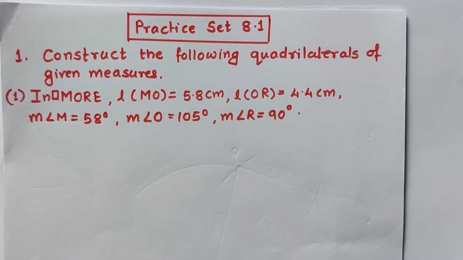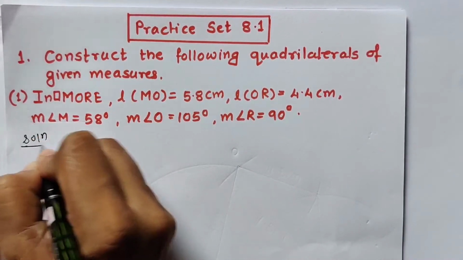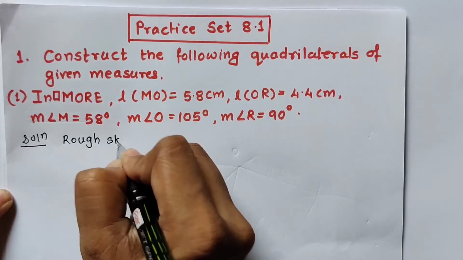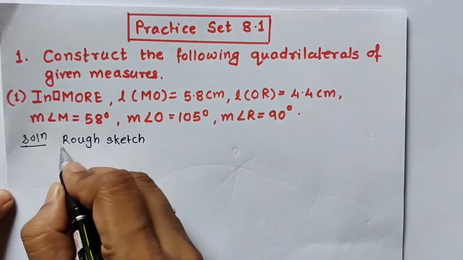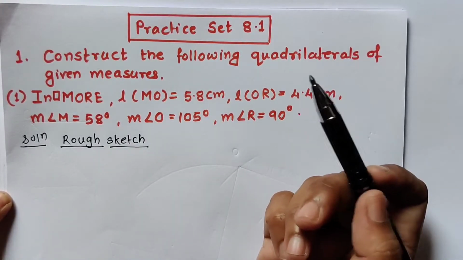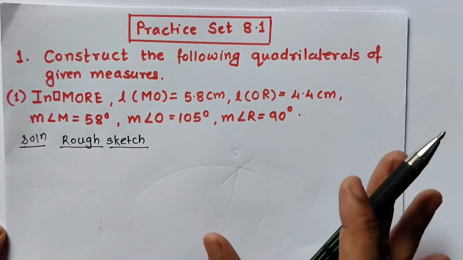For drawing any diagram in maths, we first have to draw a rough sketch. Always start with the rough sketch. Children, I am using my pen to draw the rough sketch because all the diagrams should be clearly visible to you.